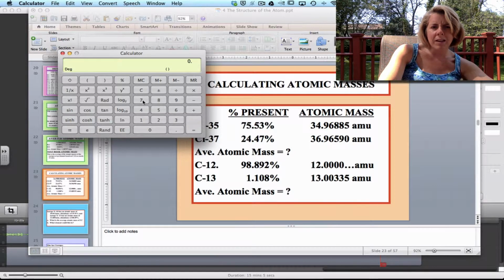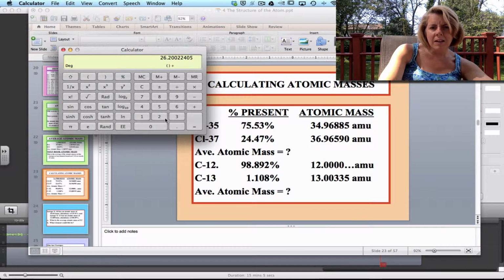So 0.7553 times 34.96885, close parentheses, plus another parentheses, 0.2447 times 36.96590.